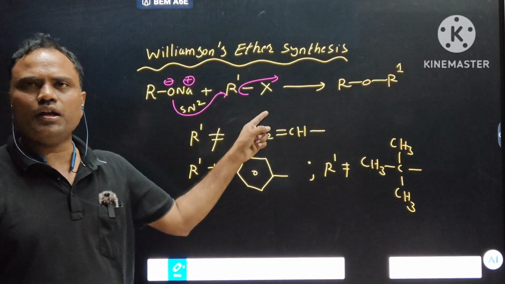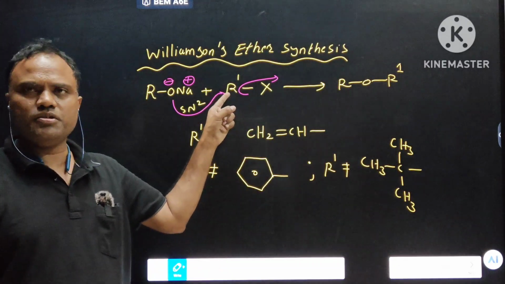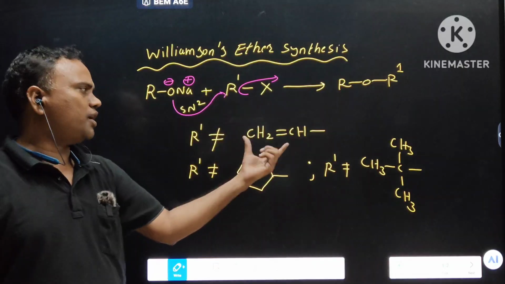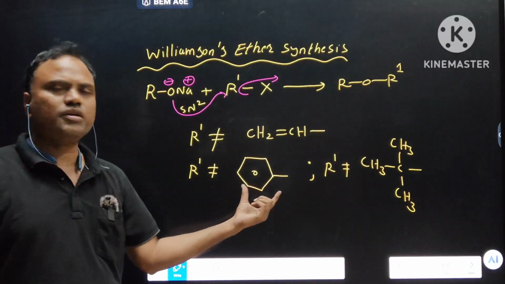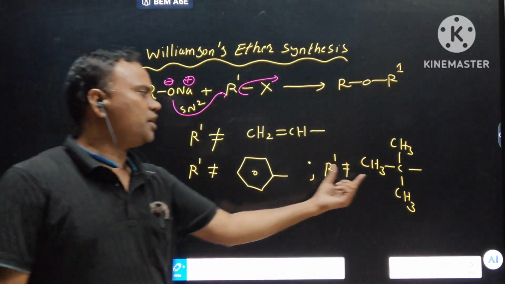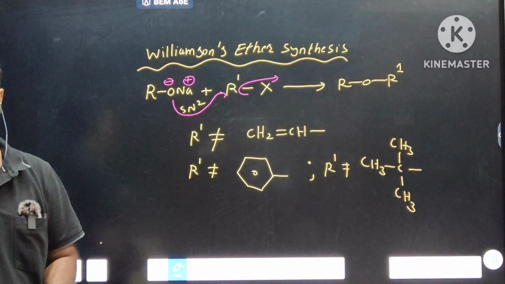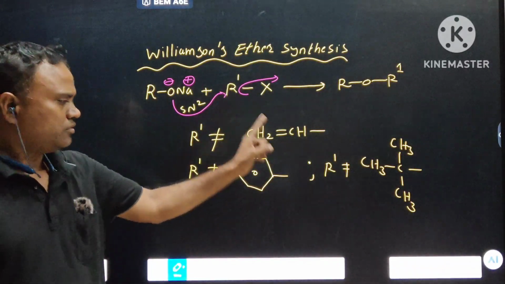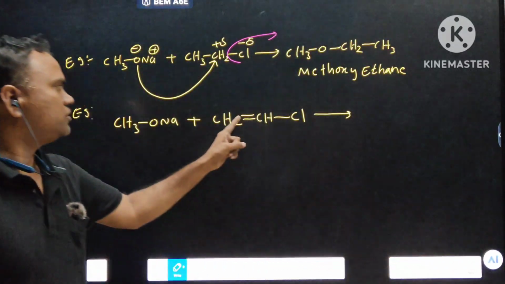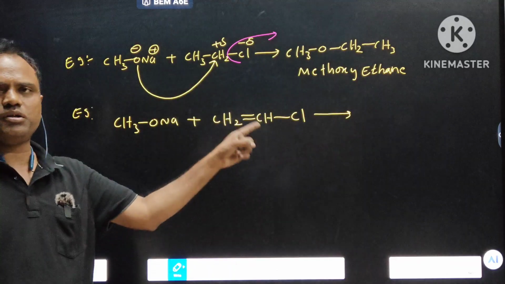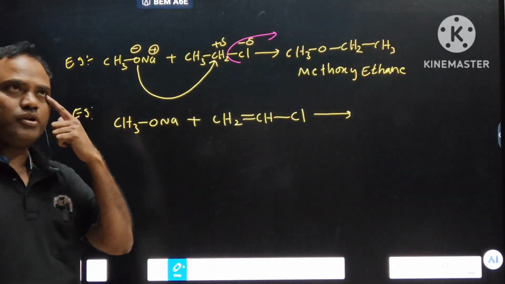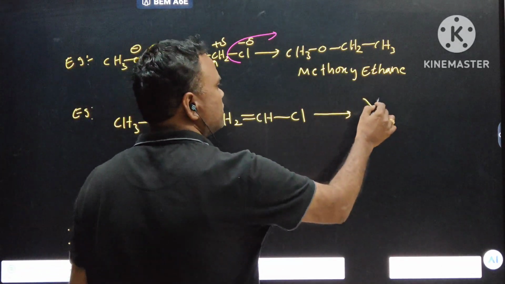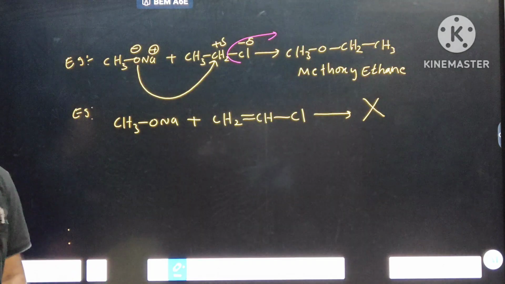In the alkyl halide, this is R', which should not equal vinyl, aryl, or tertiary butyl. Clear? So in this example, this R' part is vinyl. So the reaction does not take place. Clear?